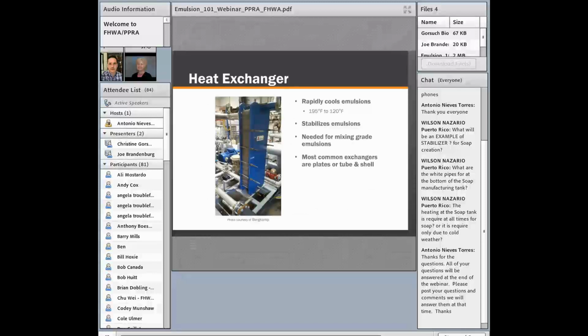Within our industry, we typically use two different types of heat exchangers. We use plates, which is the picture you see here, or tube and shell. These are a great tool to have because they allow us to manufacture at elevated temperatures without boiling off our emulsion. And these are critical when we manufacture mixing grade emulsions.